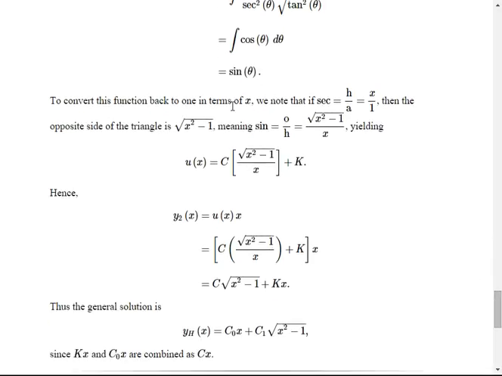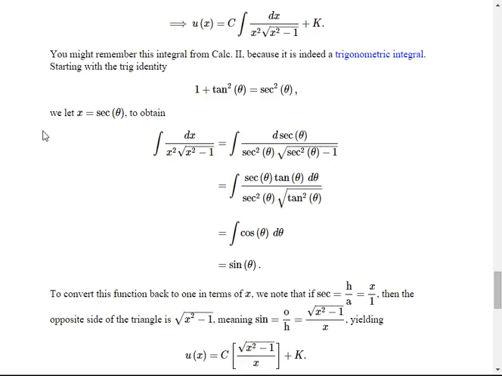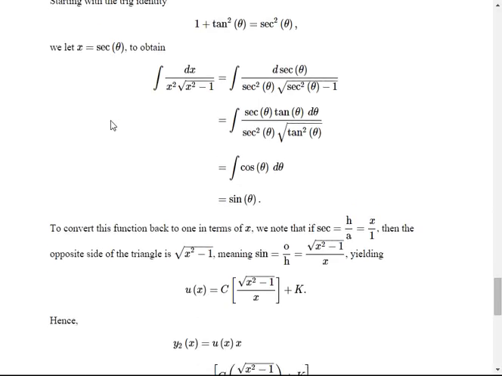And now we need to convert this function back to a function in terms of x, because we made this substitution x equals secant theta. So if secant theta in a triangle is equal to the hypotenuse over the adjacent side, here it would be equal to x over 1.